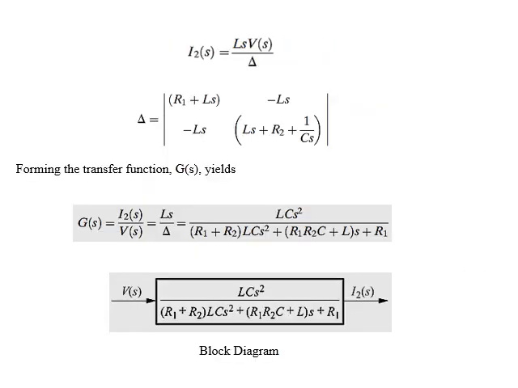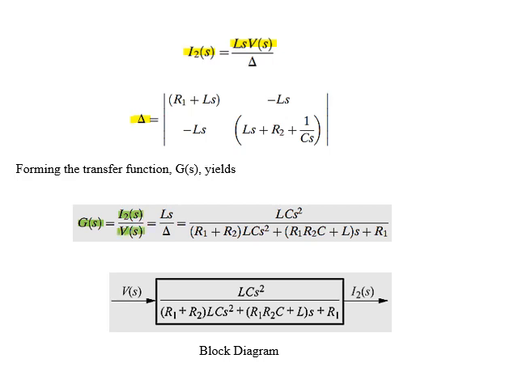In the previous slide, we have found the value of del 2, which is equal to Ls multiplied by V(s), and now we'll find the determinant del and substitute in the equation of I2(s), and making some rearrangement, we'll get our desired transfer function, which is I2(s) over V(s).